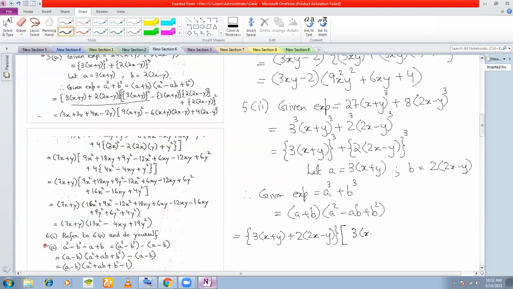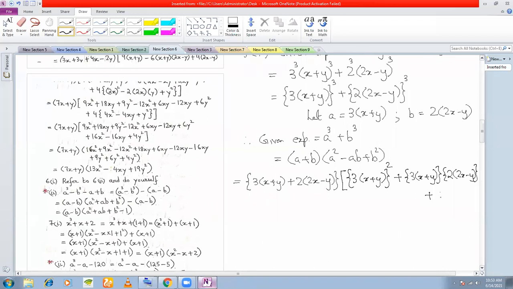A square is thrice x plus y whole square. AB here is thrice x plus y into twice 2x minus y. And finally, you have b square. So plus, this is your b square. Okay. Now we'll simplify this.